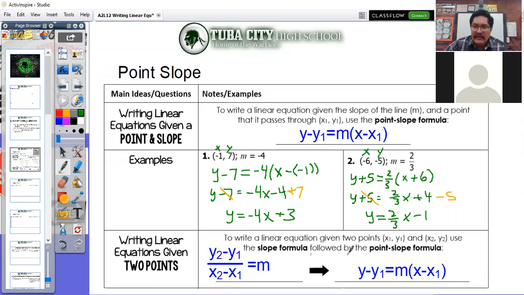You're basically plugging in these numbers. So x1 goes here, y1 goes here, x2 is here, and y2 is there. They each have their own place on that formula. Once you have your slope, you plug it into the point slope formula, and then pick one of your points. In this case, it looks like they picked group 1, and they just plugged that in, and that should give you your formula, just like this one here.